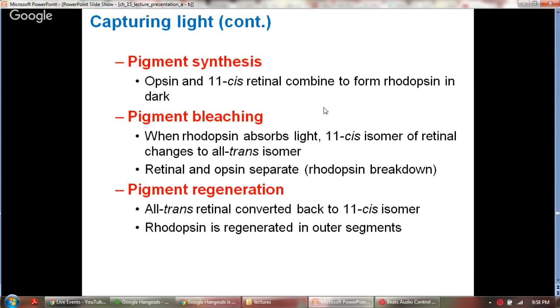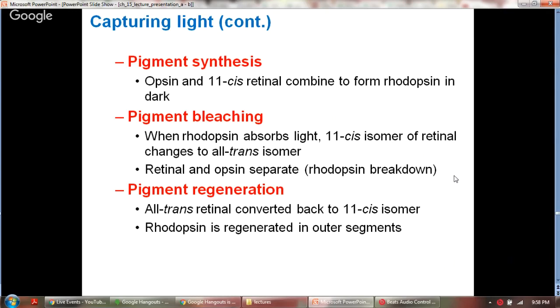With regard to pigment synthesis, opsins and 11-cis retinal combine to form rhodopsin in the dark. During pigment bleaching, when rhodopsin absorbs light, the 11-cis isomer of the retinal changes to the all-trans isomer, so retinal and opsin separate. That is called bleaching, the rhodopsin breakdown.